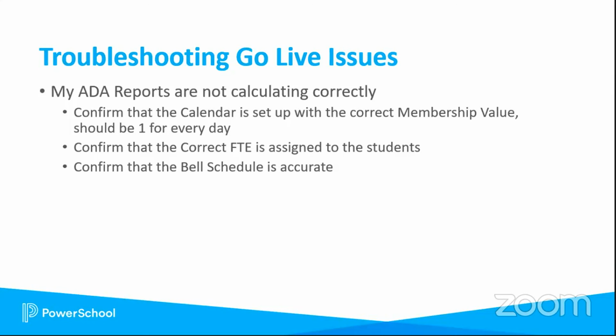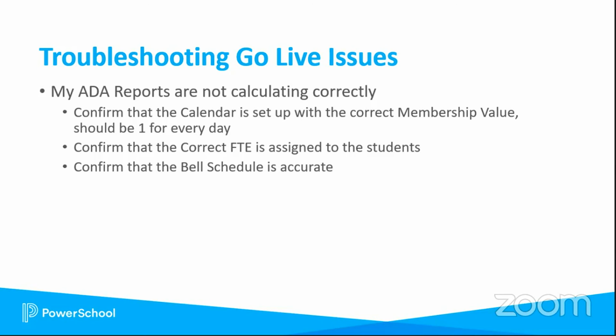Another scenario that we've talked about a little is your attendance reports are not calculating correctly. Again, that goes back to the calendar setup and the correct membership value being set up. Make sure all of those 4 fields are accurate, and confirm that the correct FTE is assigned to the students. A new FTE is assigned each school year during the end of year process. And for new students that arrived, it's a part of the enrollment process.